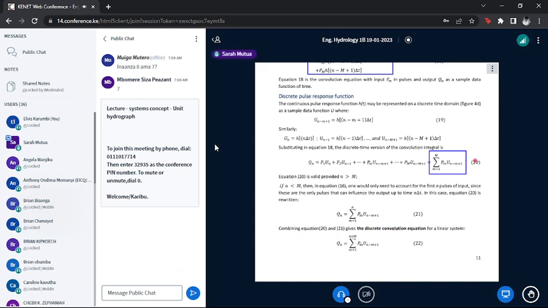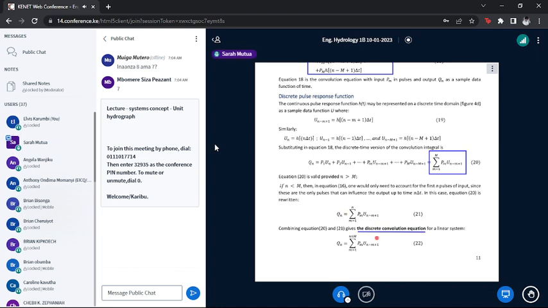And if you combine both equations 20 and 21, because now here Qn for n greater than M will be the summation m equals 1 to M, and n is greater than M, you get the discrete convolution equation: Qn equals the summation m equals 1 to n, n equal or less than M, of P m U n minus m plus 1.